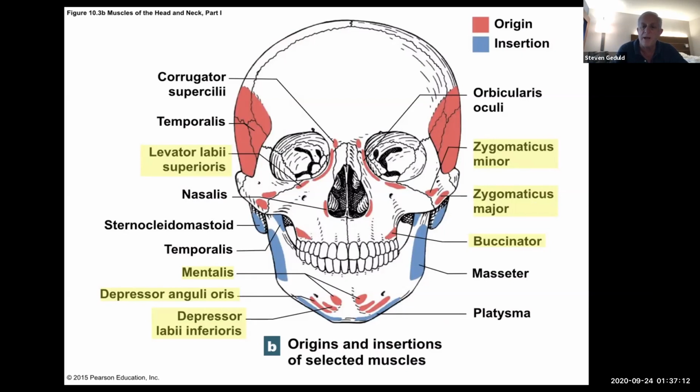Buccinator attaches to the back of the maxilla. Okay, and you see your attachment to your zygomaticus minor and zygomaticus major. On your exams, like nursing exams, remember the zygomaticus minor is always superior to the zygomaticus major. The zygomaticus major is inferior to it, below it.